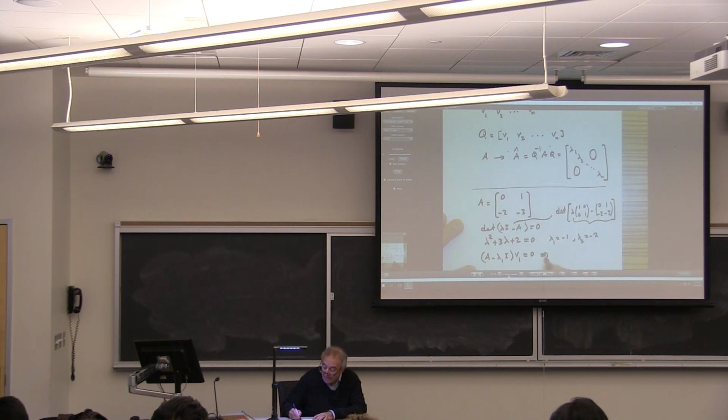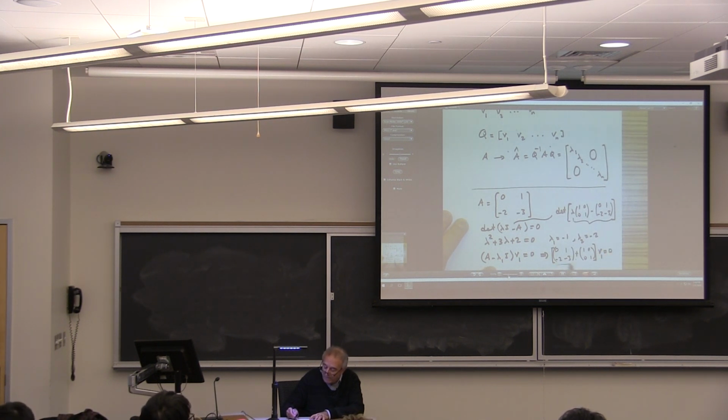If I do this, A minus lambda I, so let us put that one also. A is 0, 1, minus 2, minus 3. Minus lambda 1 is plus 1 with this negative sign, so it's plus identity 1, 1, 0, 0 times V1 equal to 0.